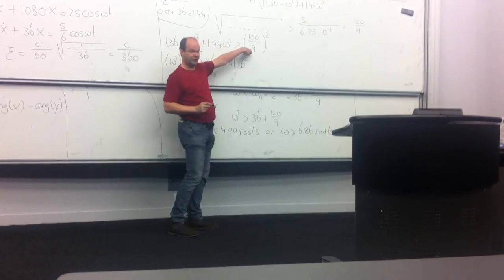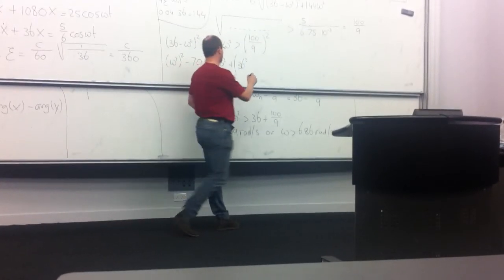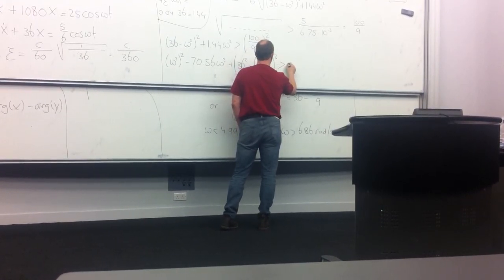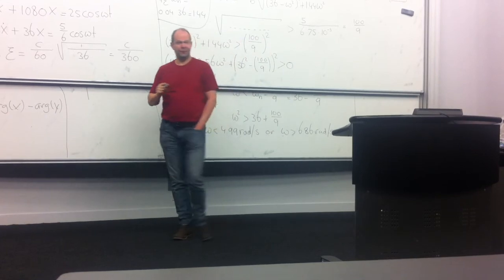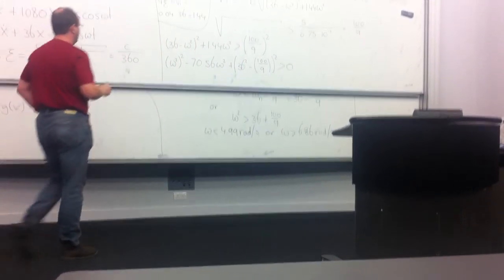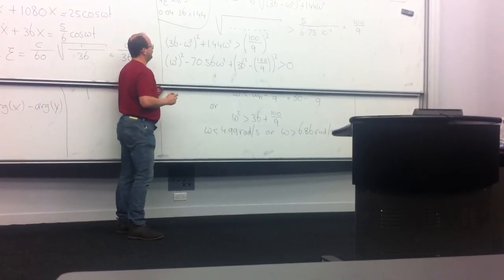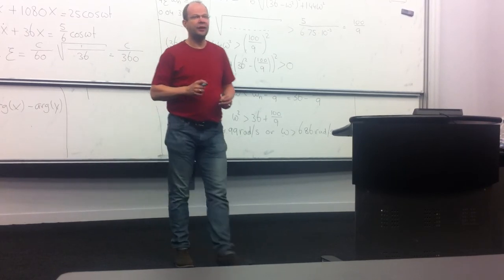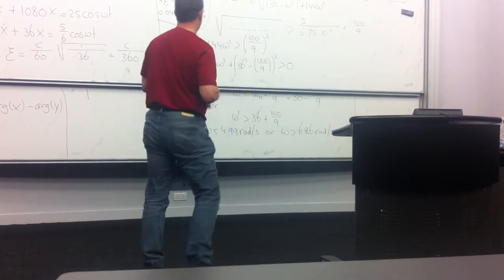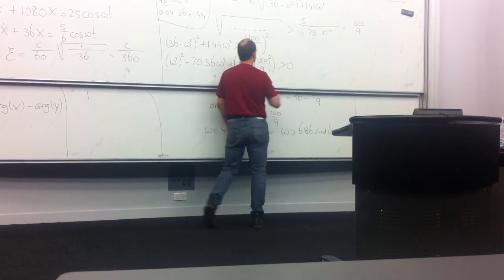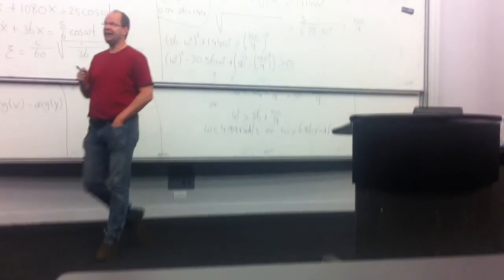Then take this 100 divided by 9 squared to the left hand side. So that becomes minus 100 divided by 9 squared has to be larger than 0. Is that all squared or 100 divided by 9 squared only? Sorry? Is that all squared or 100 divided by 9 squared only? Thank you. Square that. It's getting late.